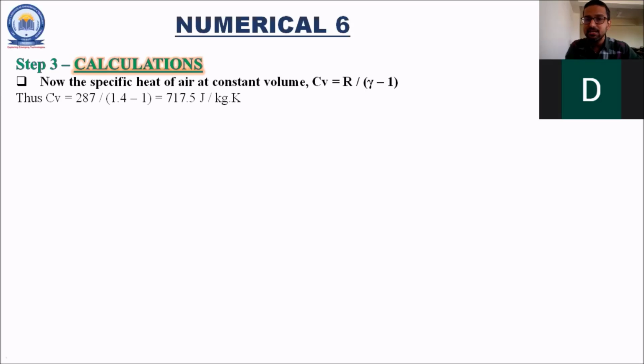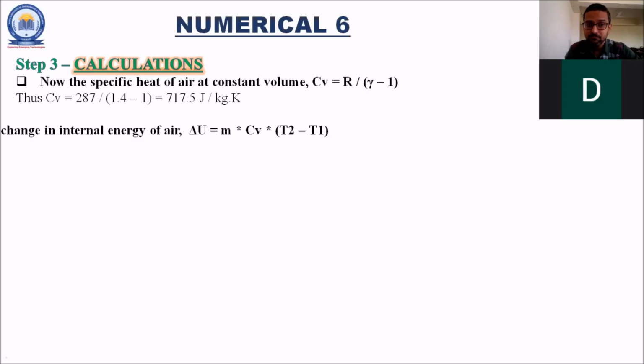Substituting the values of capital R and gamma, we get the answer of CV, that is 717.5 joule per kg Kelvin. Remember friends, whatever answers you write, you must specify the units of the answer. Very important, never forget to note down the unit with the specified answer. It is very important in numericals.